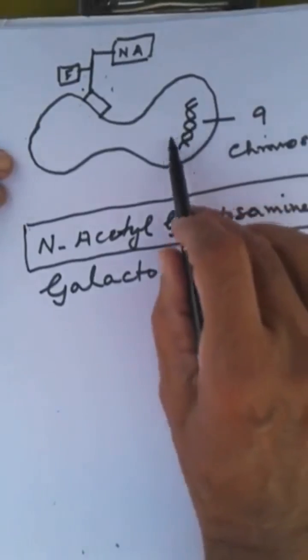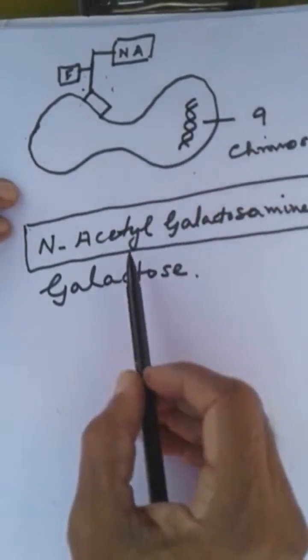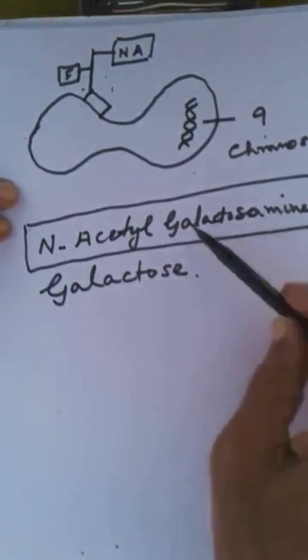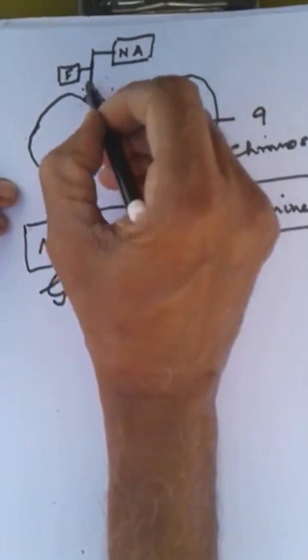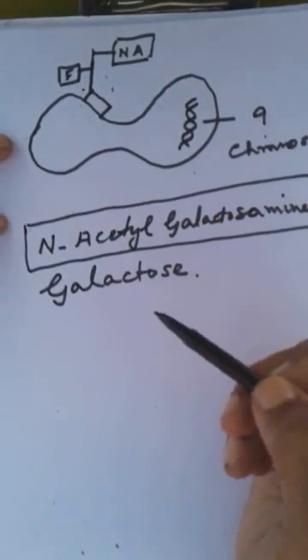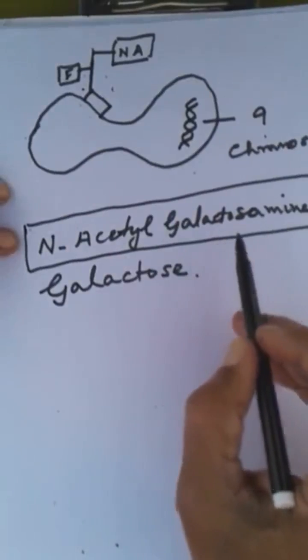A gene expresses and an enzyme is produced which will take this N-acetyl galactosamine to this area. What is the name of that enzyme?